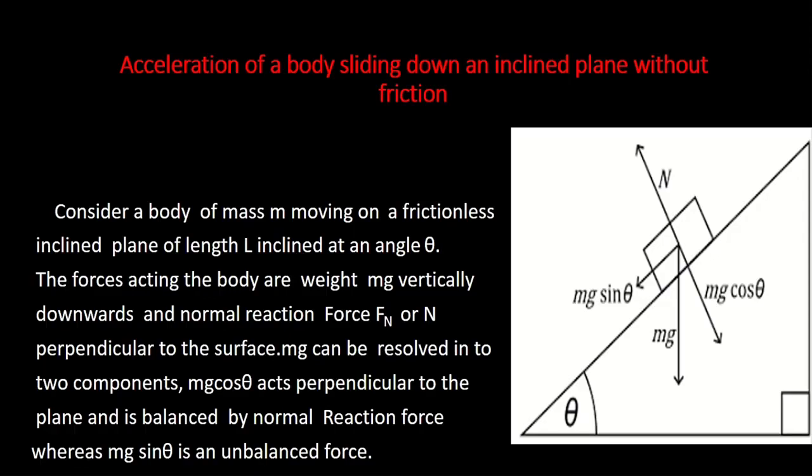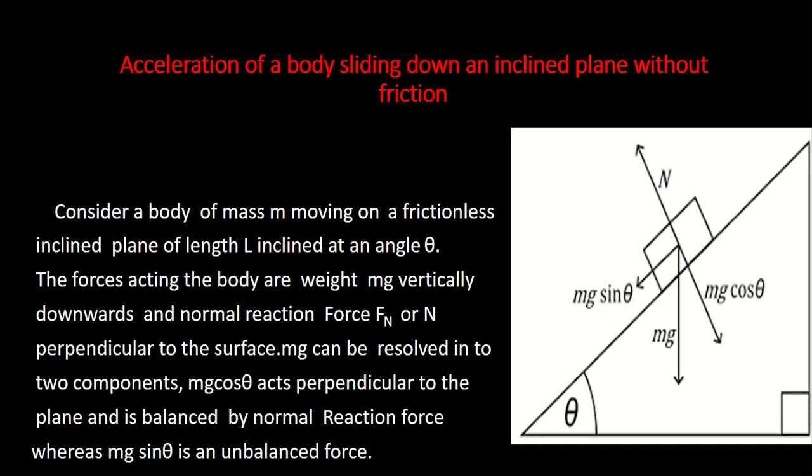What are the forces acting on the object? One is the normal force, denoted by the letter N or Fn. This normal force acts perpendicular to the surface. And another force is the weight of the object.